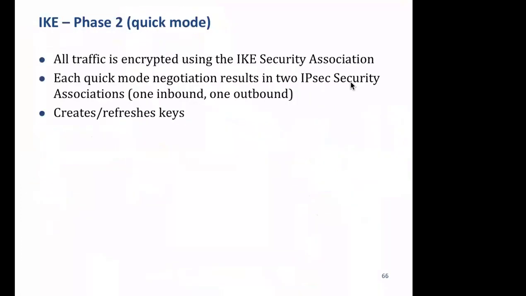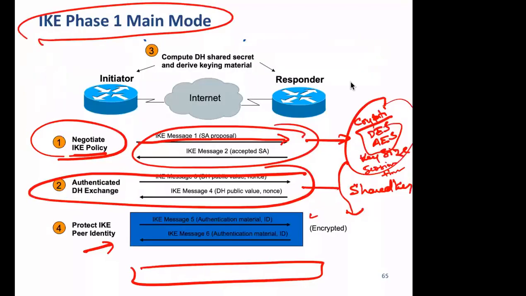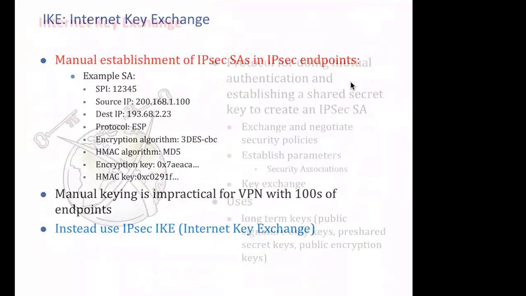Phase one creates a secret channel, or a tunnel, between two entities. And then phase two is essentially creating a security association between Alice and Bob. Again, they have to discuss what will be there in their security association, like the ones we have discussed here.